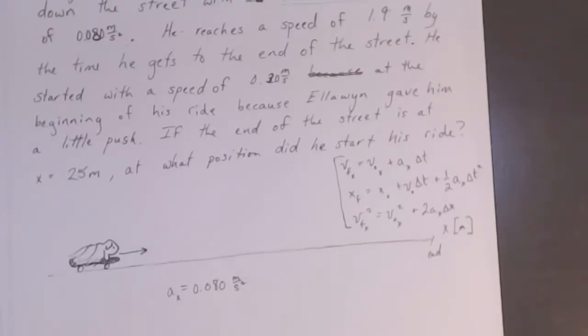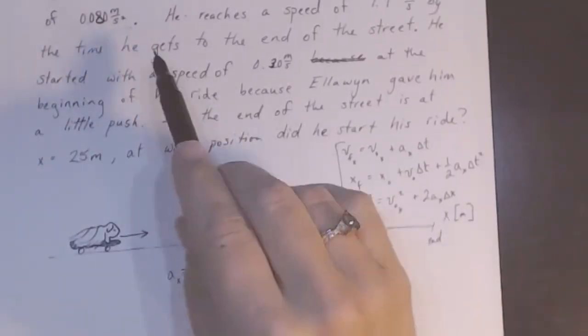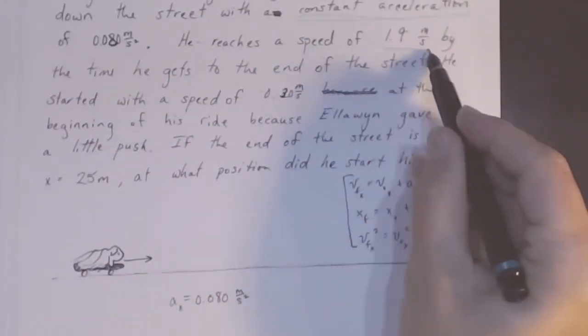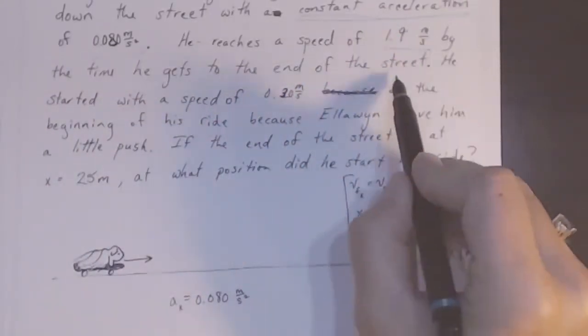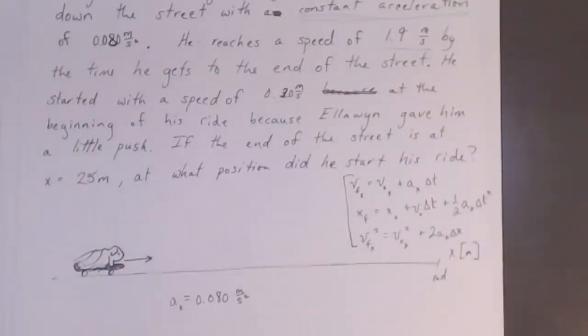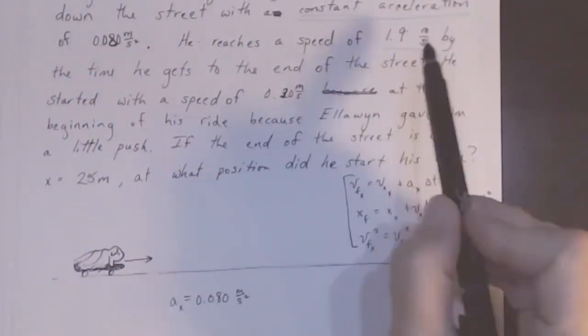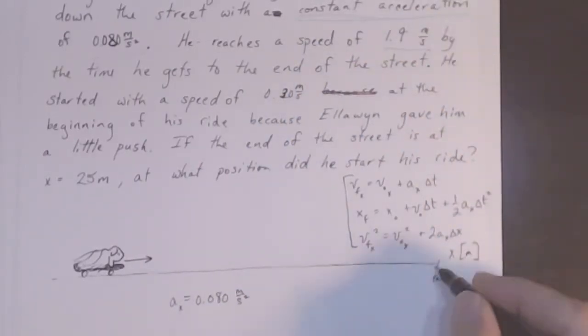And now I'm going to keep reading. I have that he reaches a speed of 1.9 meters per second by the time he reaches the end of the street. So this speed happens at the end of the street. It's a constant acceleration that's non-zero, so his speed is changing, and that one is only here at the end of the street.